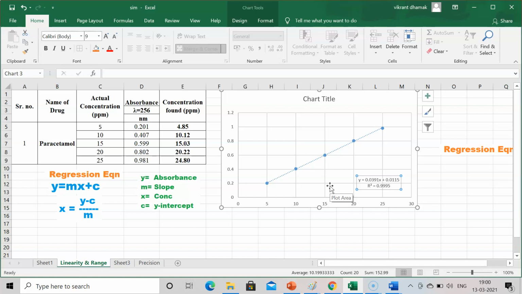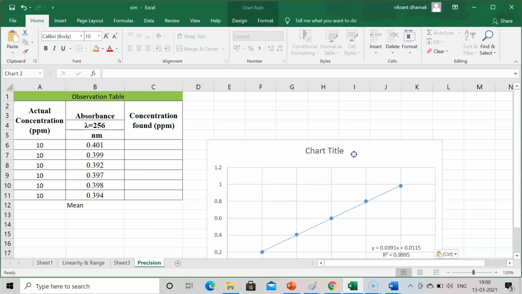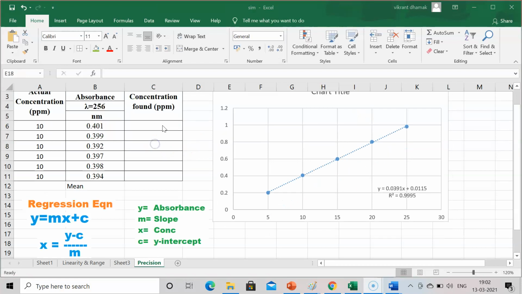So let's take that equation. To determine the concentration, we require this equation.